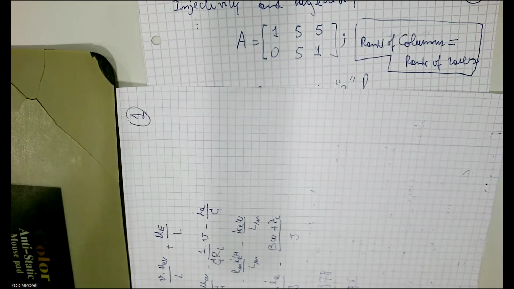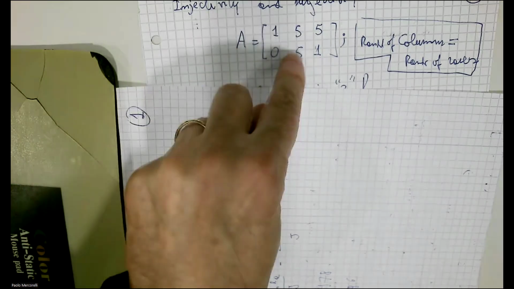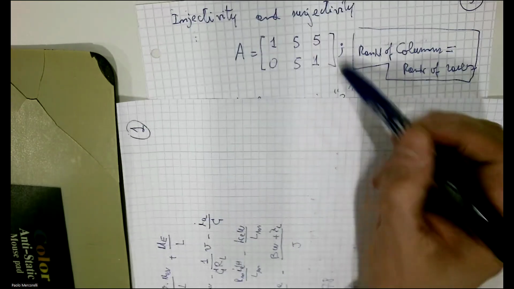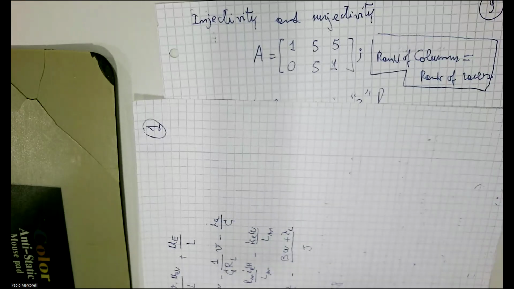To show this analytically, you have to consider (1, 0) multiplied by alpha 1, (5, 5) multiplied by alpha 2, (2, 1) multiplied by alpha 3, which generate the vector (0, 0). I don't know if it's clear what I intended. Should I do it? Or you show me that the kernel is not just 0. The kernel is different from 0. This also implies that it's not injective.